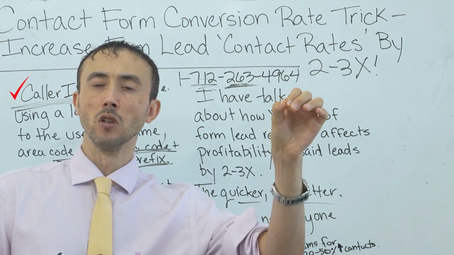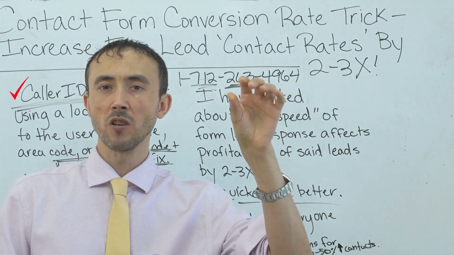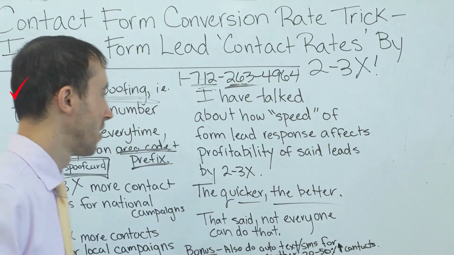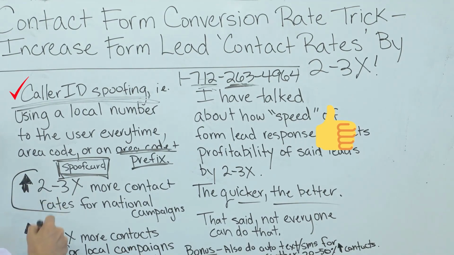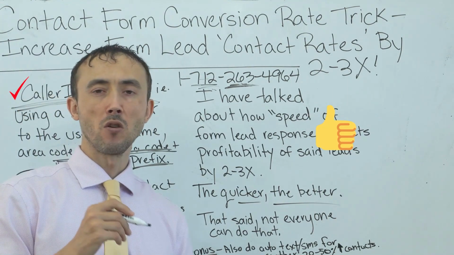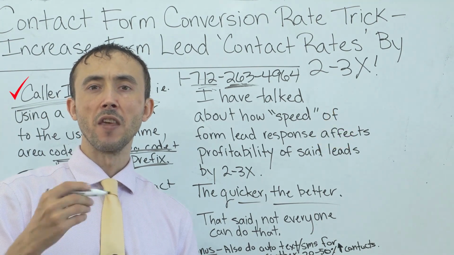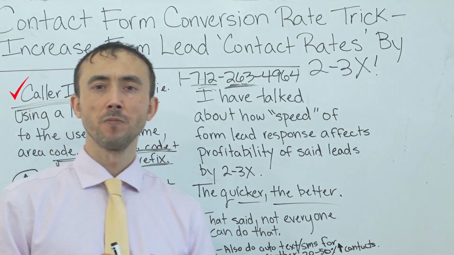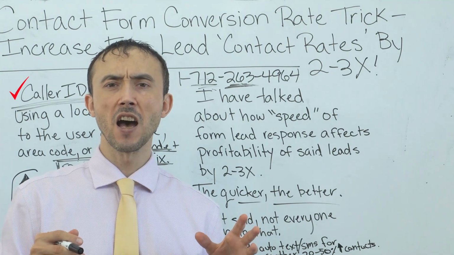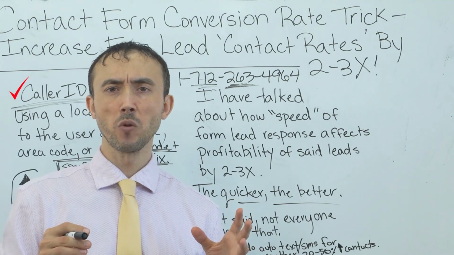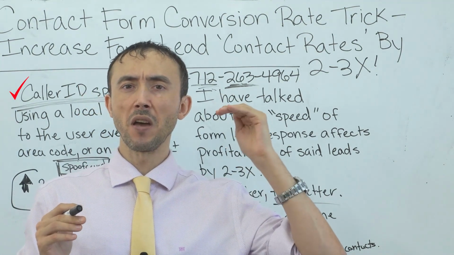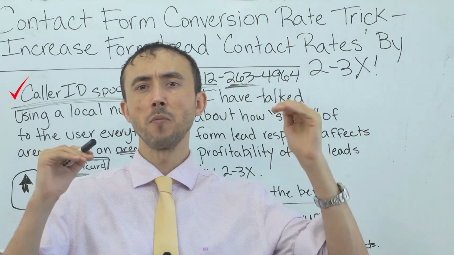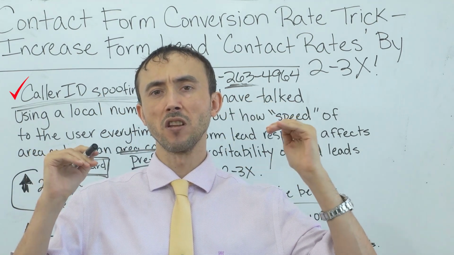But anyway, with that said, if you're running a national campaign and you can spoof your caller ID so you look local to that user, what we found, because we did the testing, is 2 to 3 times higher contact rates for people that you call back with a local phone number than a national phone number. Which, by the way, if you've seen my other videos, we talk about all the time how if we have a national service we're promoting, we'll set up separate campaigns for all the top city metros in the country.